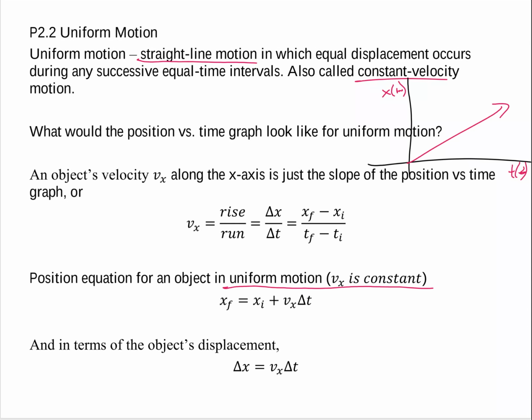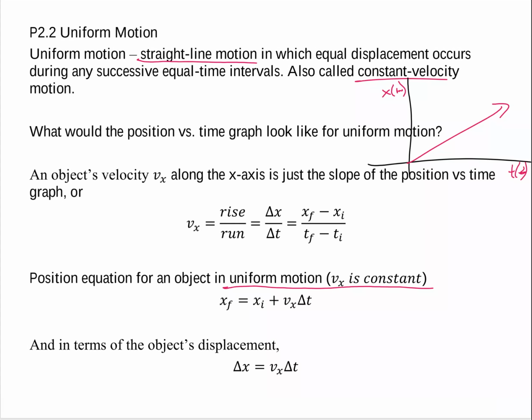It's just that we'd be using v sub y. We have our first uniform motion equation. x sub f equals x sub i plus v sub x delta t. So that's a position equation. Now in terms of the displacement, we'd have delta x is the displacement, and we have v sub x delta t. So now we have a displacement equation and a position equation.